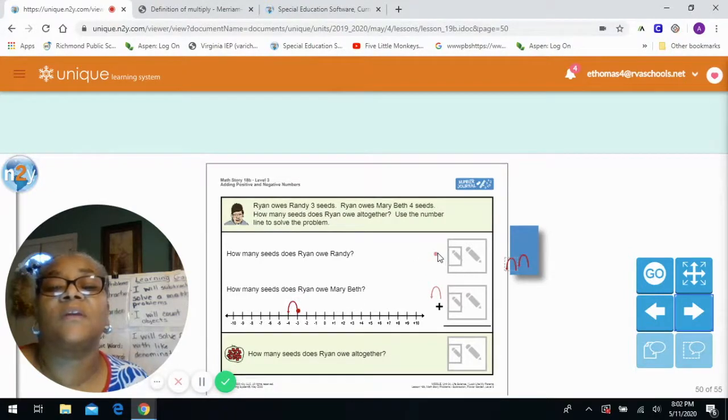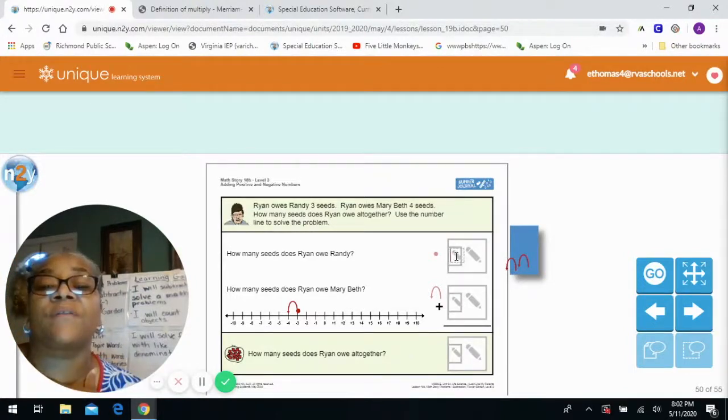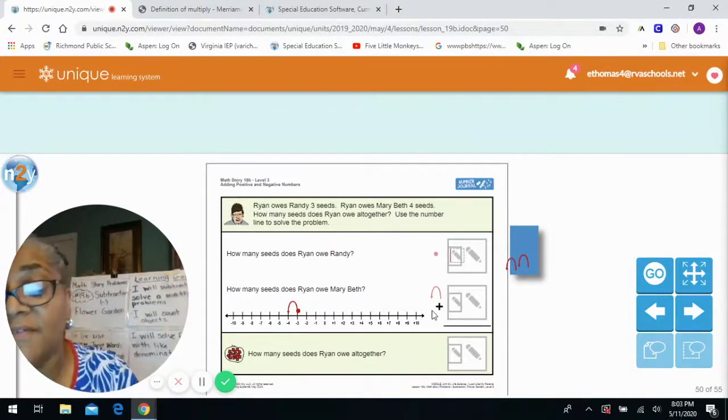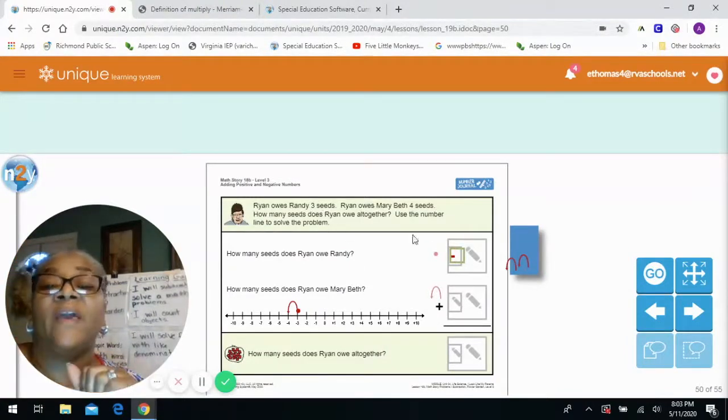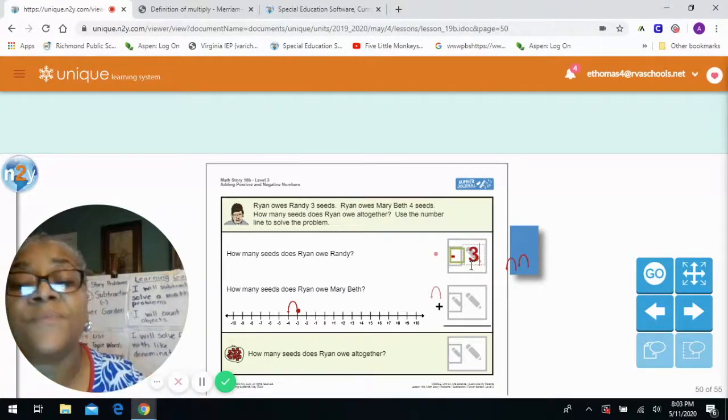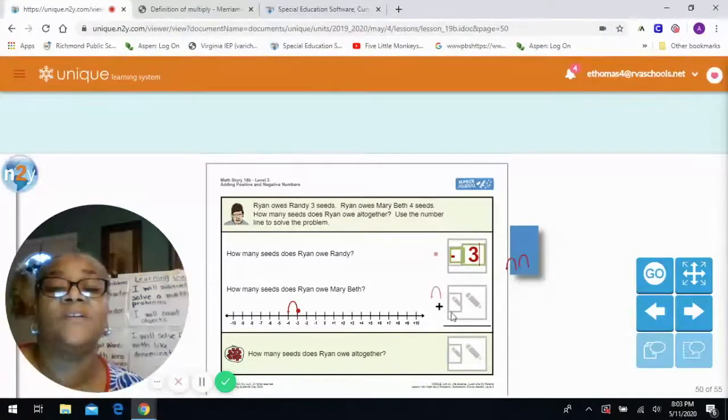Let's put that there. What's going to go here? The negative. Okay, and what he had was what? 3. Okay, now, so she owes also 4.